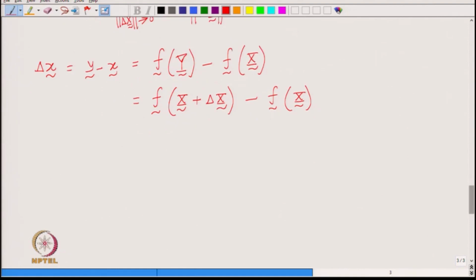And now, we have to do Taylor's expansion of the first term here. See, the argument is big X plus delta big X, and delta big X has got the 3 components delta big X 1, delta big X 2, delta big X 3. So, this has got 3 components.